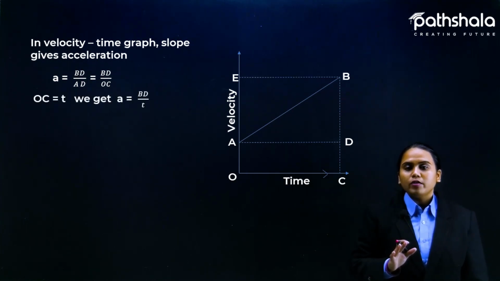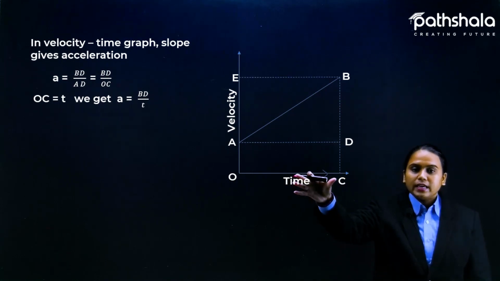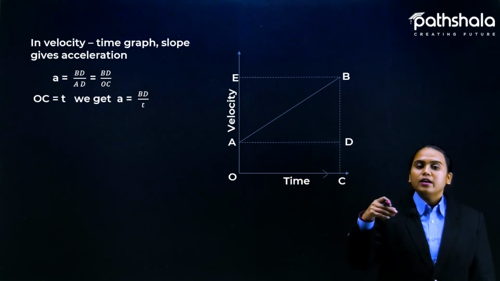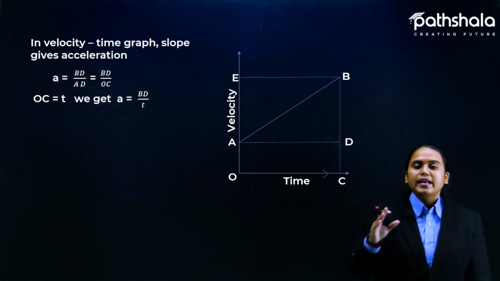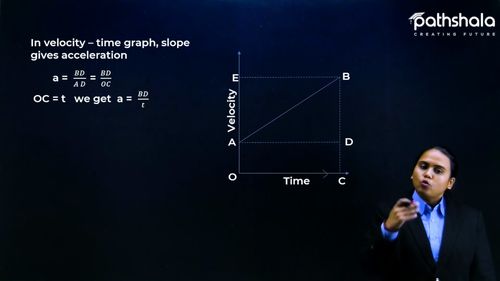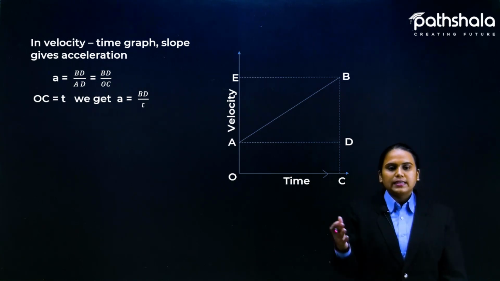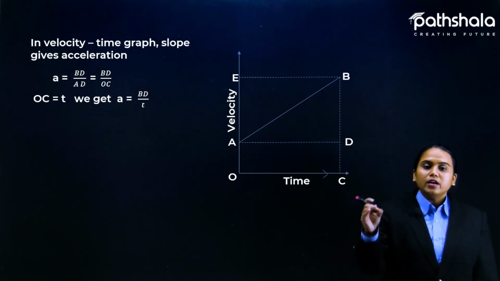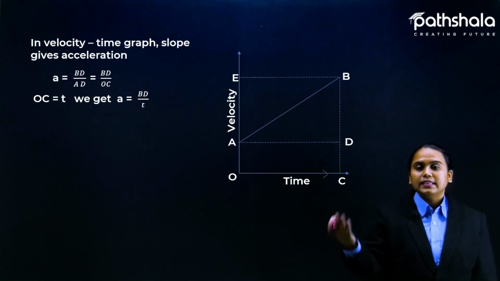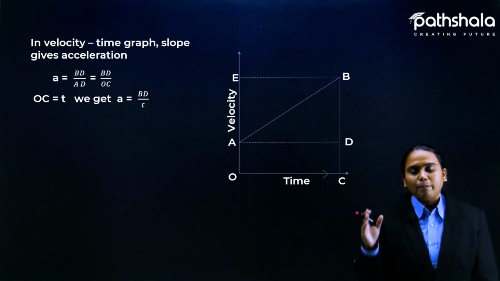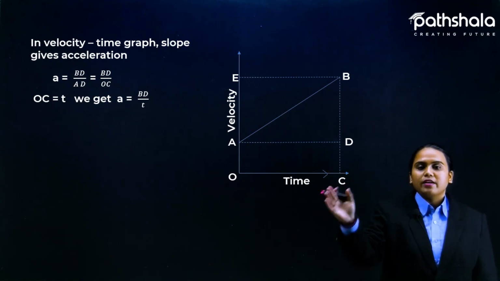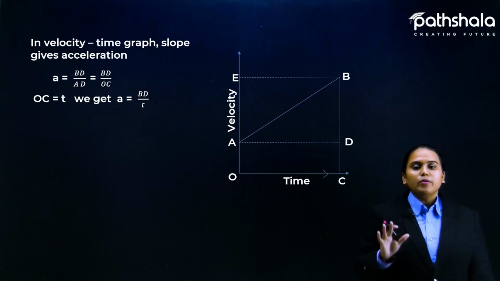Moving forward, again we have OC. OC gives you time, and any kind of time it can be, 5 seconds, 10 seconds, anything, so we write it as T. So here we get A is equal to BD upon T, because AD is parallel to OC.